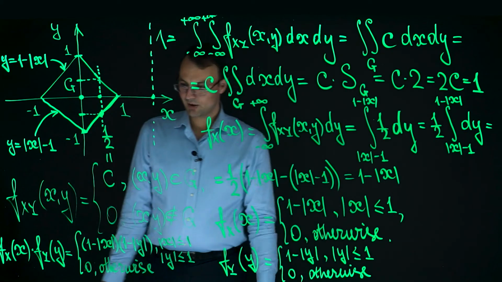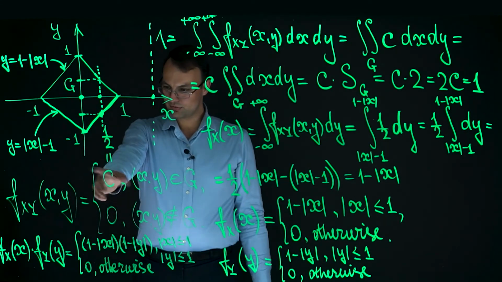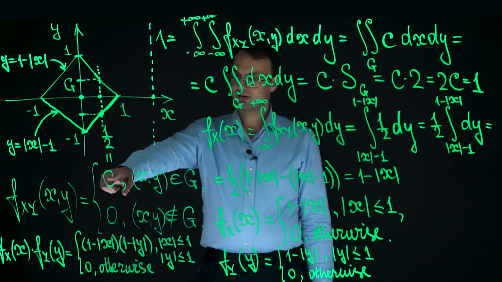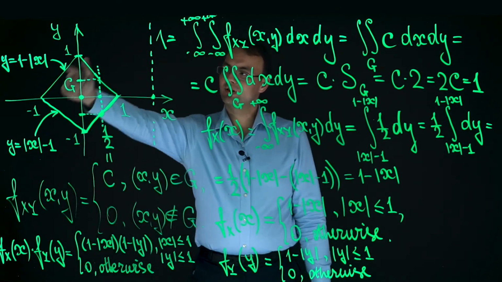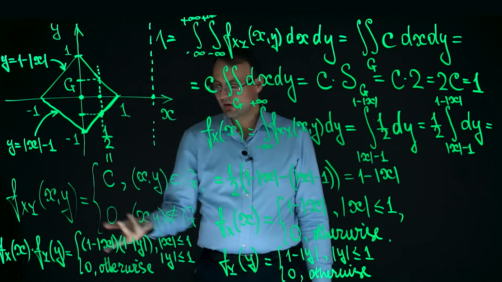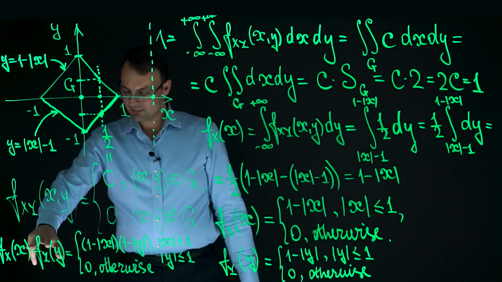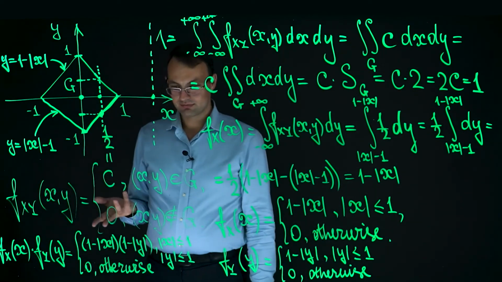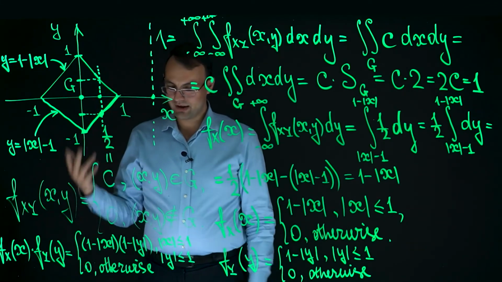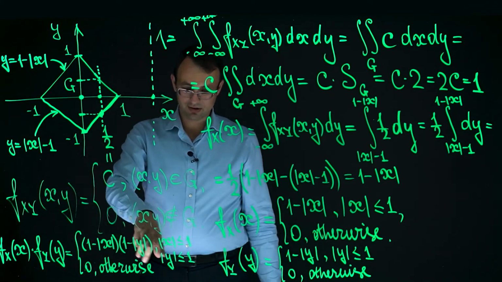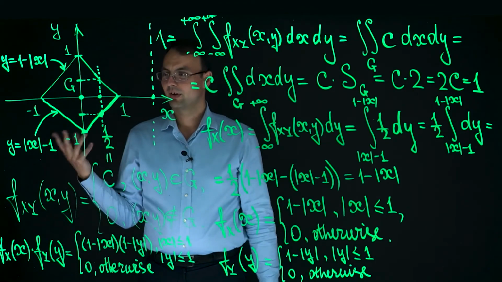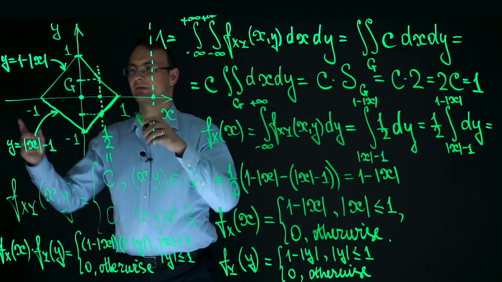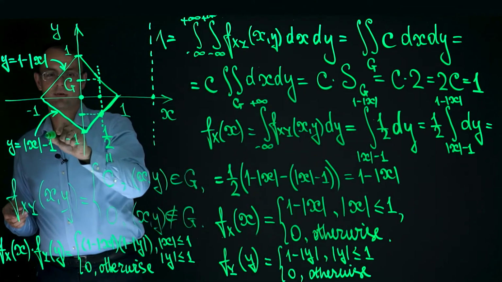And we see that this is not equal to their joint PDF. So joint PDF is constant inside this region, inside this square, and 0 outside of it. And the product of marginal PDFs is not constant, and the region where it is not 0 is also not the same as here.